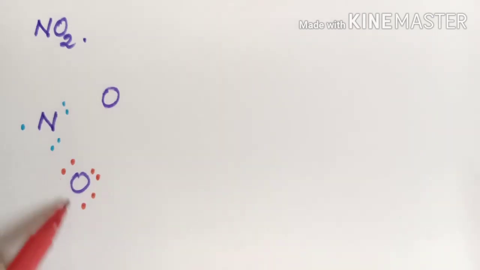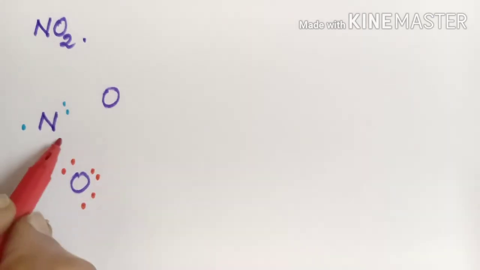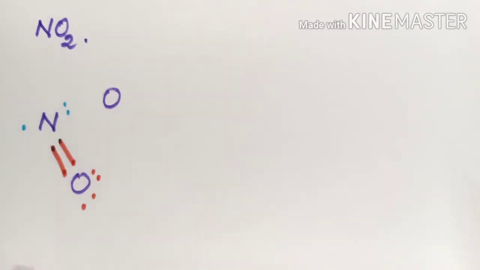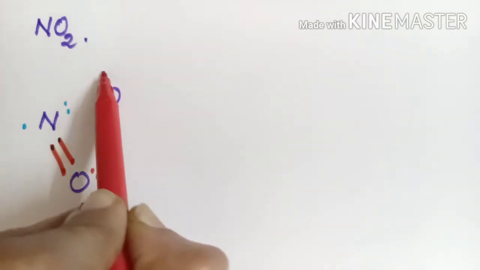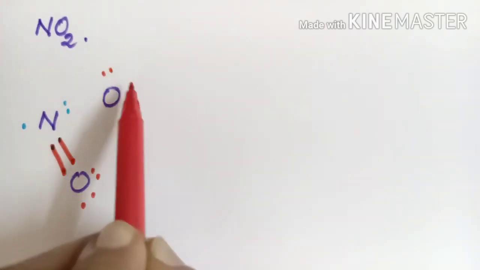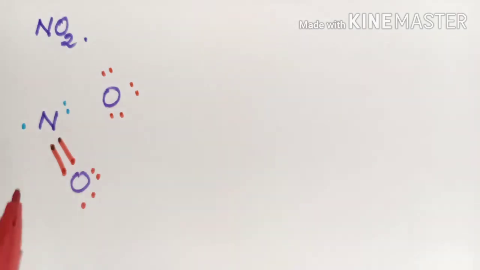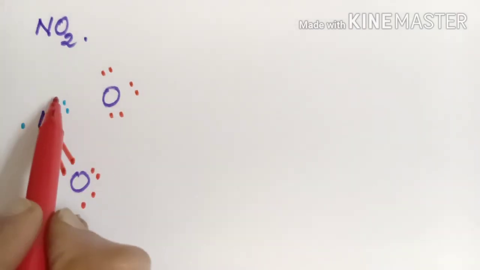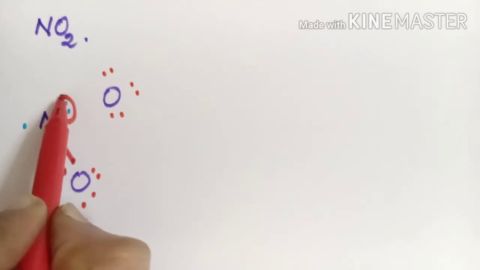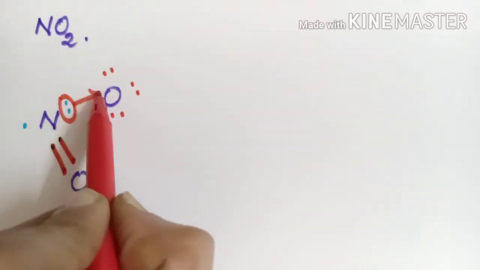So that means it is having a double bond in between. Whereas the next oxygen is also having 6 electrons, and we arrange those 6 electrons 1, 2, 3, 4, 5, 6. So you find that the second oxygen is connected to the nitrogen through a coordinate bond.